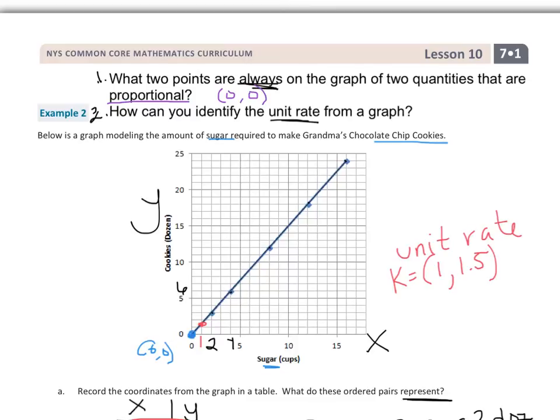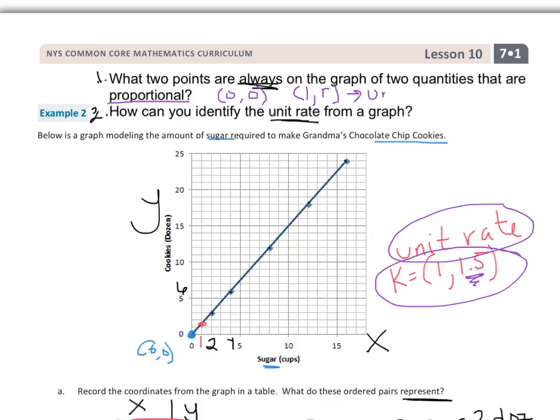But the other point that we learned about today is the unit rate. Okay, so the unit rate has to be represented on your line. So the unit rate is when x equals 1, and then the y value was representing our k value, but they use an r to represent that. So (1, r) is representing our unit rate. All right, so jot that down. It's not a sentence, but it'll work.